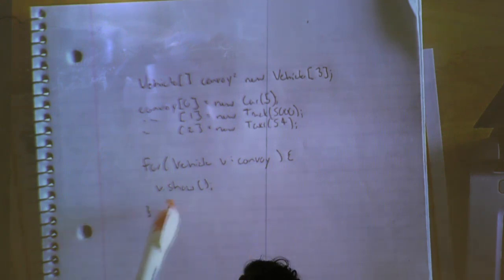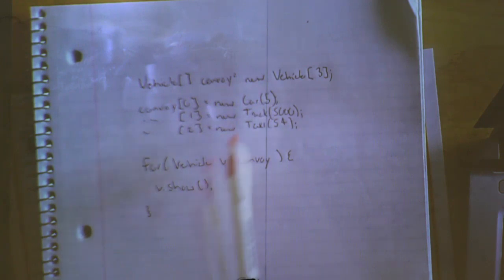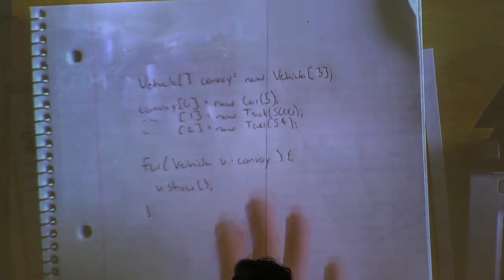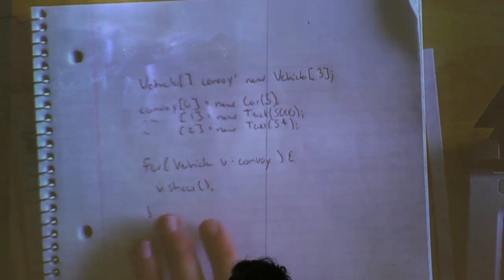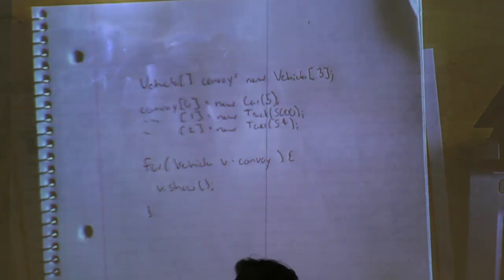However, because each of the vehicles has a separate implementation of the show method, the one relevant to each vehicle will be called. So when it calls show on car, it's going to call car's show method, which says I am a car that can carry 5 passengers, right? It just has a different printed message for each of these 3 things. But because you know that all of them have show, you can call show, if that makes sense. You can only refer to the shared properties of all of them when you're working with all of them at the same time.